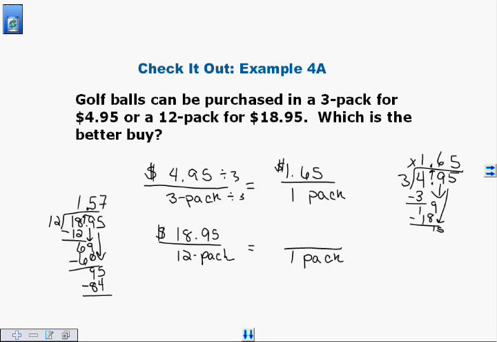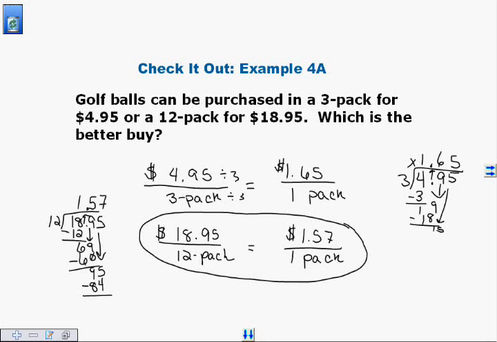And actually, I'm going to go ahead and leave it because I can already tell that this one is going to be the better buy. In the end, I'm getting the golf balls for $1.57 a piece rather than $1.65 a piece. So this, of course, is the better buy.